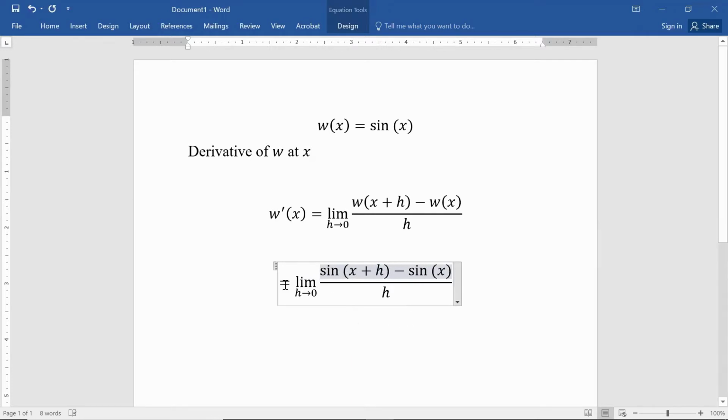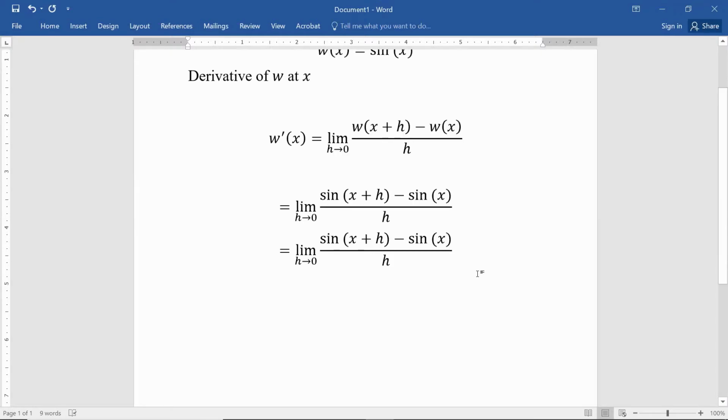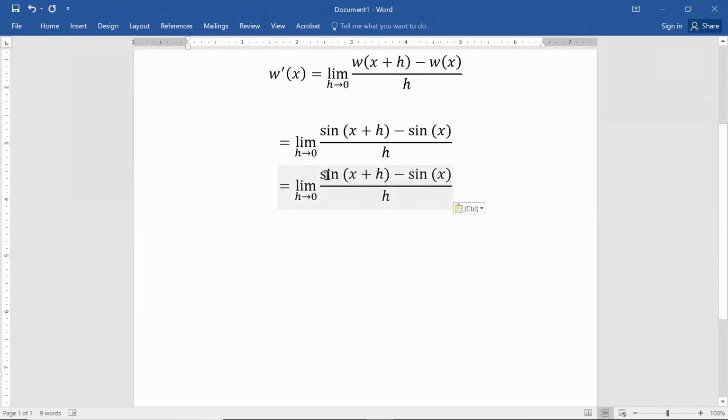Now, once again, we have a situation where if you plug in a value of h equals 0, you get an indeterminate form of 0 over 0. So I have to figure out how to simplify that in some way. It turns out that what we can do is use an identity for sine of two numbers added together.